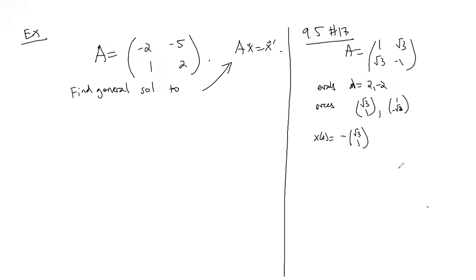Yep. Okay, so the solutions, remember, because we have these, are e to the 2t times root 3, 1, and e to the negative 2t times 1, negative root 3.